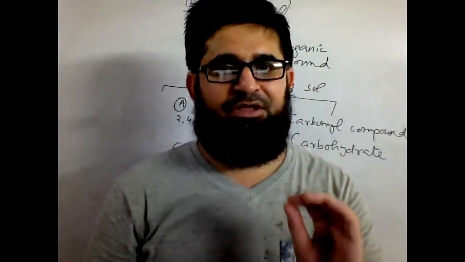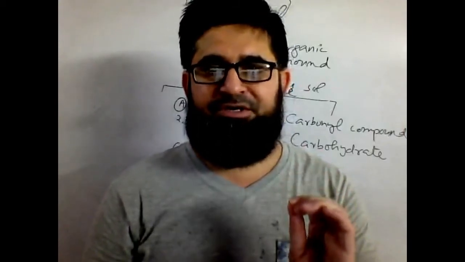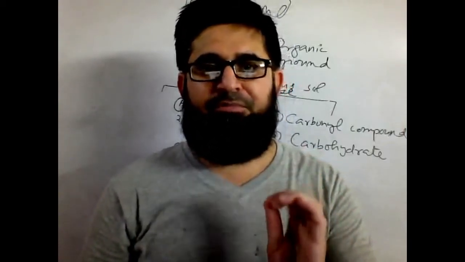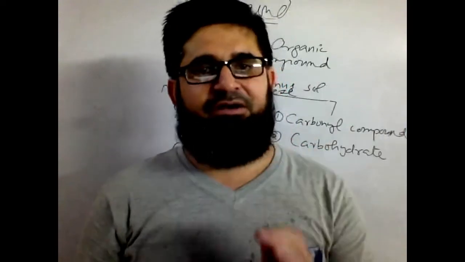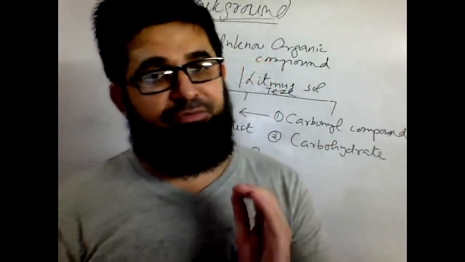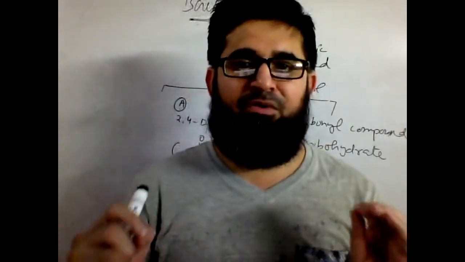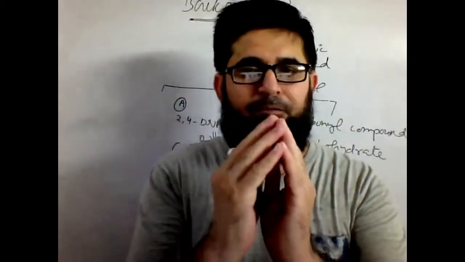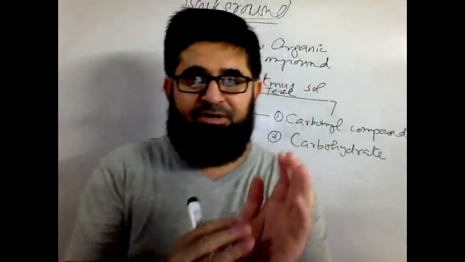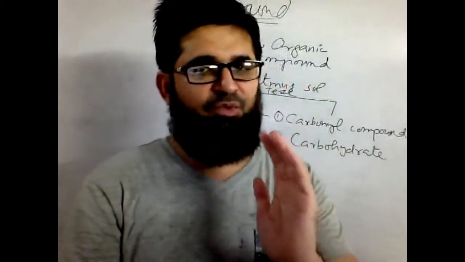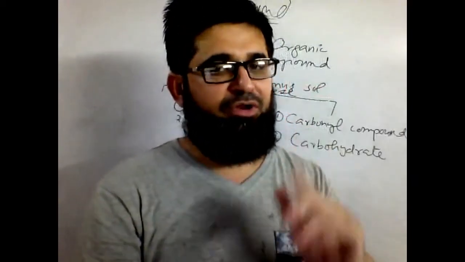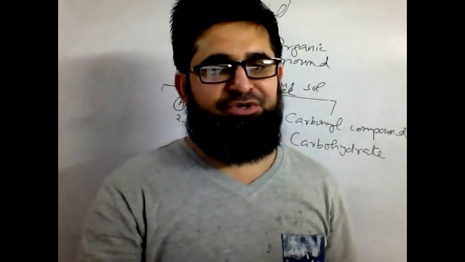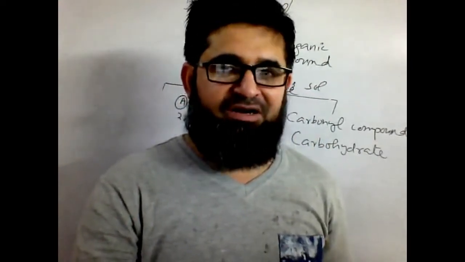If Tollen's test turns out to be positive, it means your carbonyl compound is an aldehyde. If that test turns out to be negative, it means your compound is a ketone, not an aldehyde. So that's the chemistry behind the Tollen's test. It helps to differentiate between aldehyde and ketone.